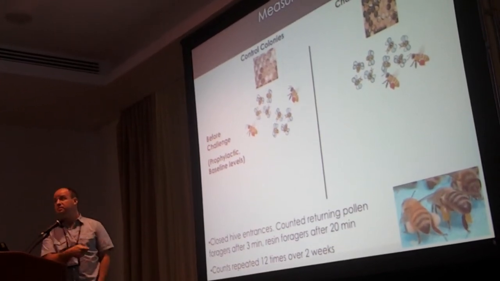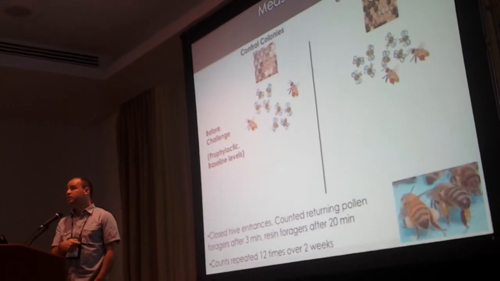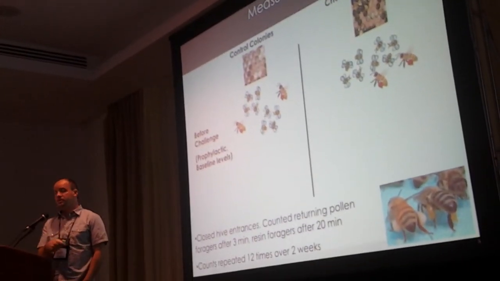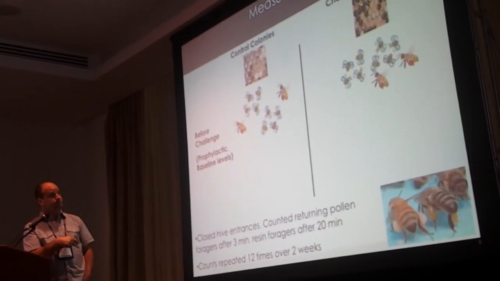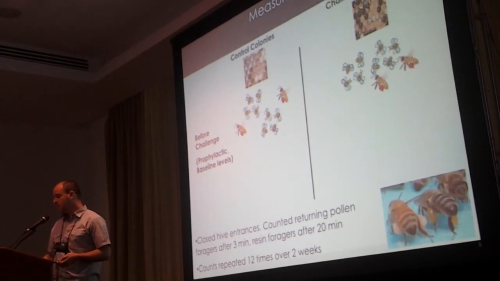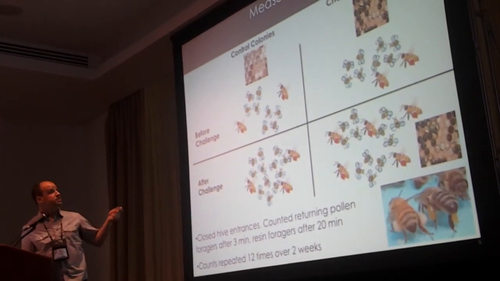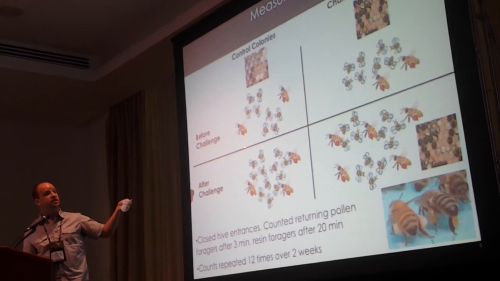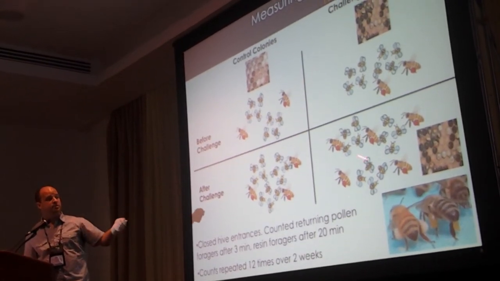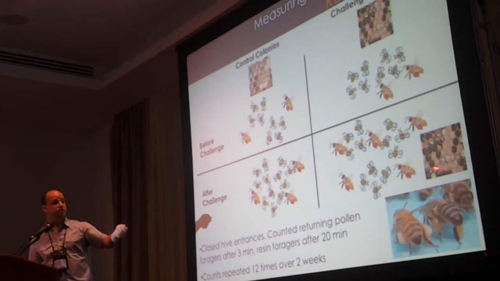We close up hives and count the number of returning foragers over a period of time, for about 2 weeks. Then I challenge colonies, and we count again. So we have a pre-challenge baseline level, and then their response to the fungal pathogen chalk brood.